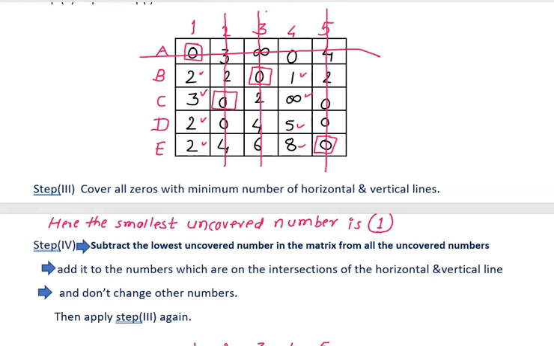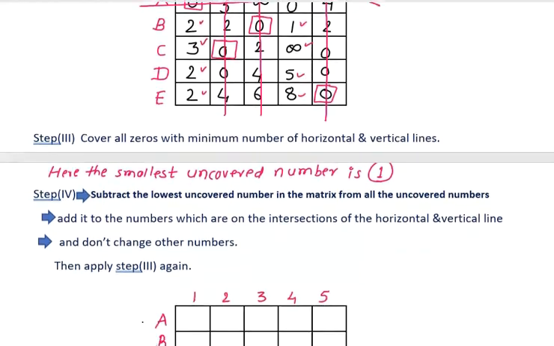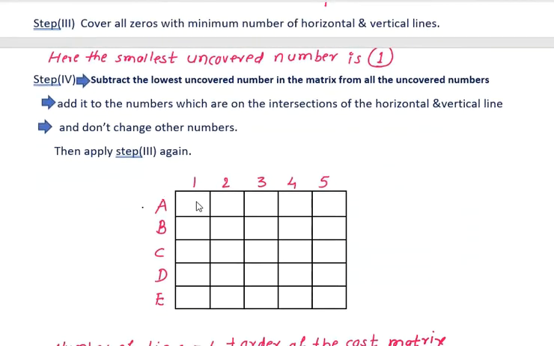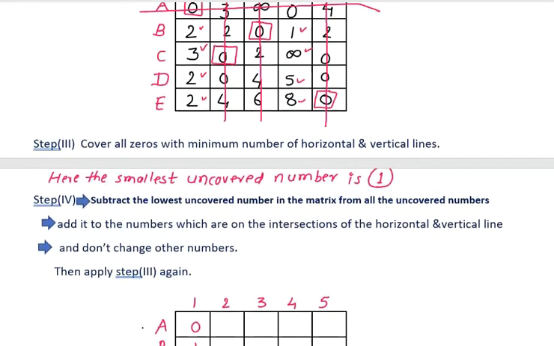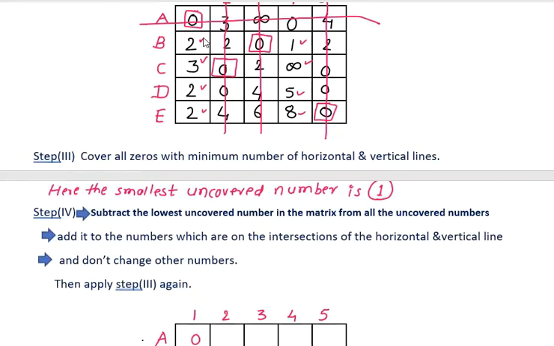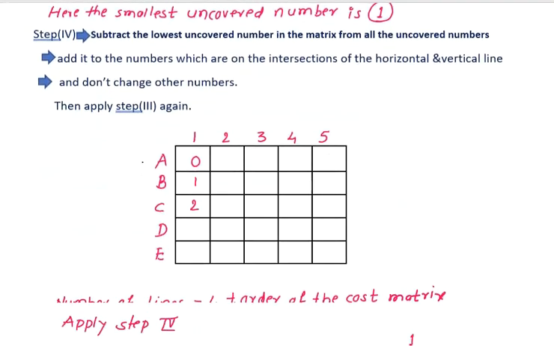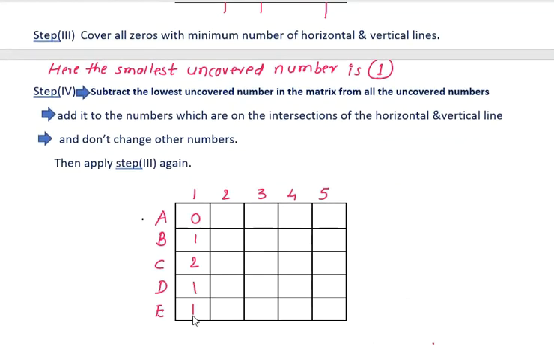Let us write down these 3 numbers in the first column. Then we are subtracting 1 from the uncovered numbers. So we get 1 here, 2 here. Then 1, 1. The last 2 numbers are 1, 1 in the first column.